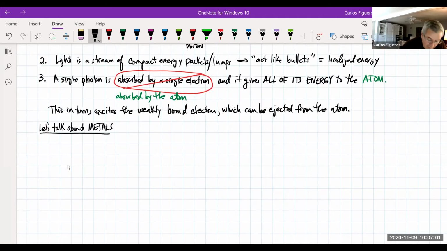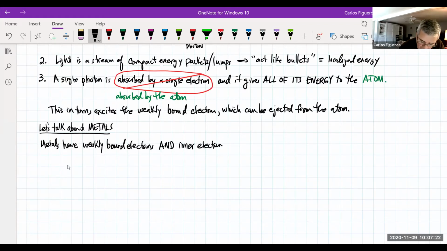So I should probably say that metals have weakly bound electrons and inner electrons with extremely high binding energy.